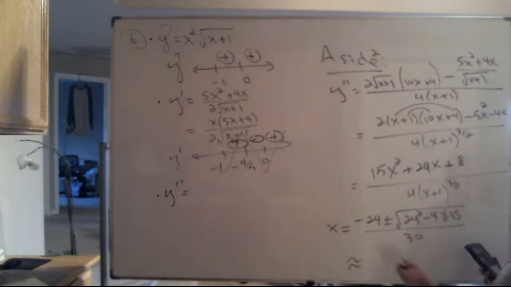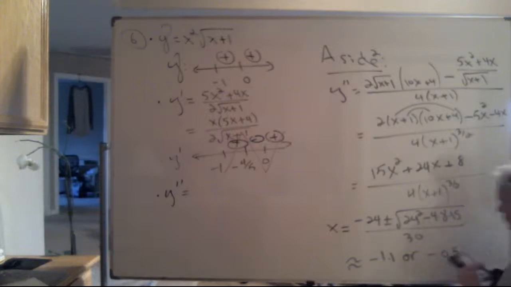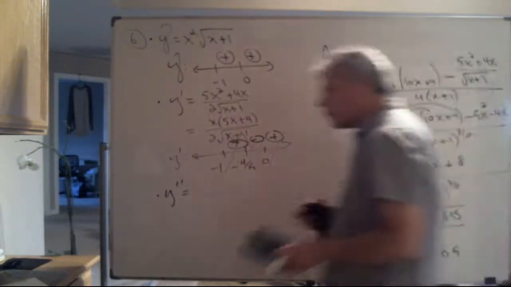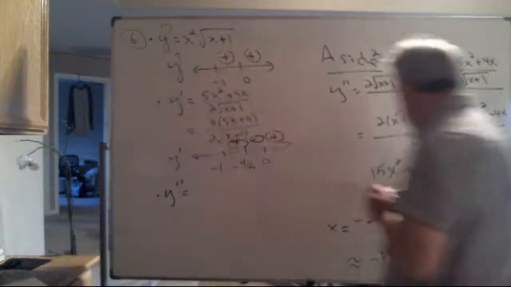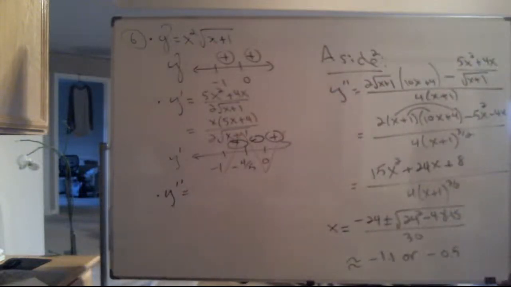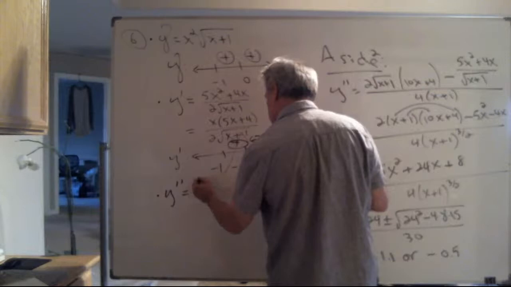So approximately negative 1.1 or negative 0.5. Now, of course, negative 1.1 is outside the domain of my function. I'm not going to consider it. However, here is my second derivative function.